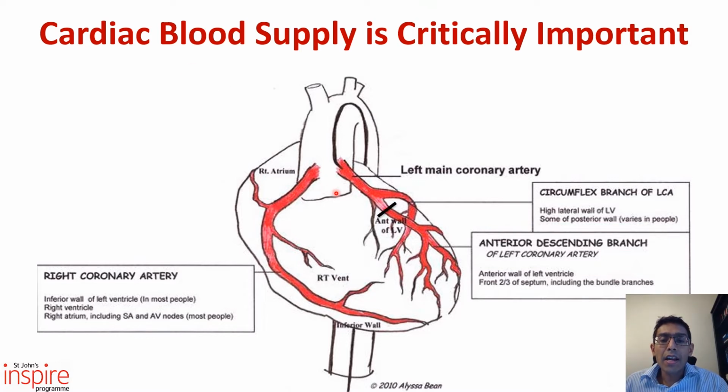If there's occlusion to the blood supply here, we can see that all of the area of the heart supplied by that blood vessel will start to die. If that blood vessel is not reopened very quickly, that heart muscle will be irreversibly damaged. And this is what happens in some forms of heart attack.